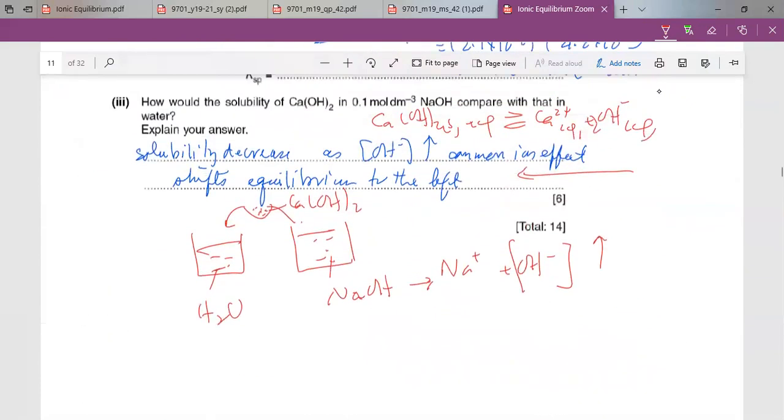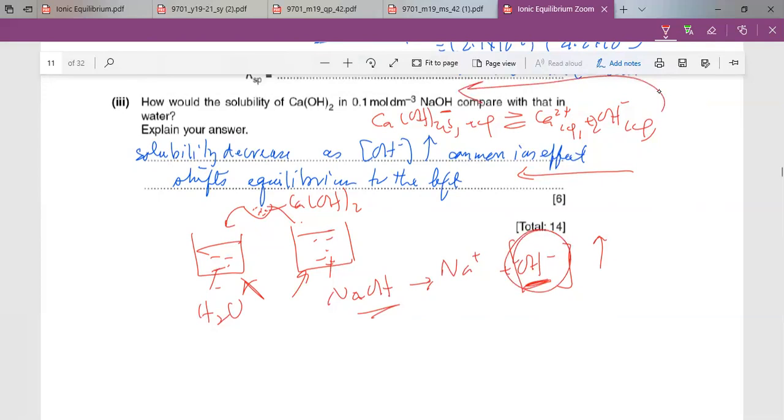Again, here, same old question of common ion effect. They always ask you with common ion effect. So how would the solubility of calcium hydroxide be in NaOH compared to water? Of course, NaOH gives you the OH minus. So when you go down here, there's a common ion, is it? It will shift the equilibrium backwards.